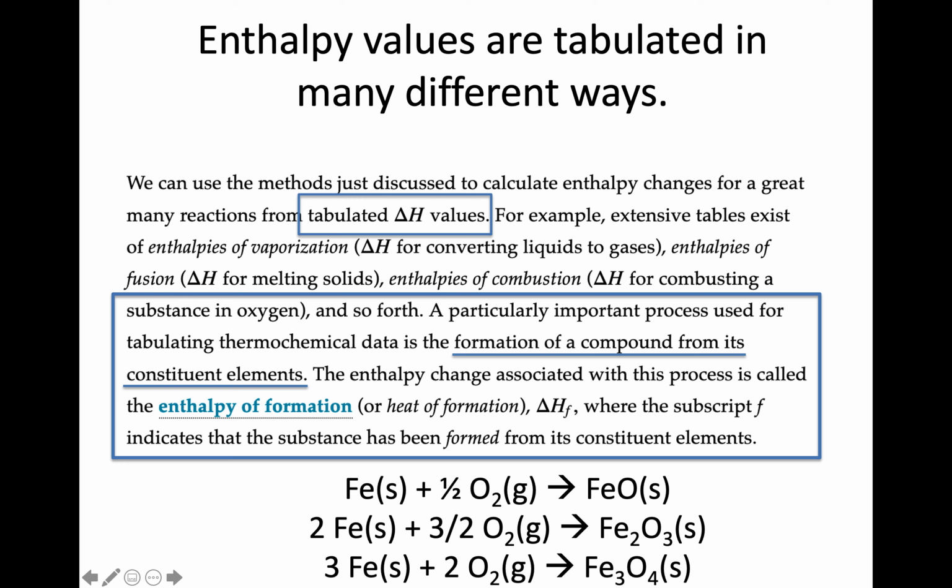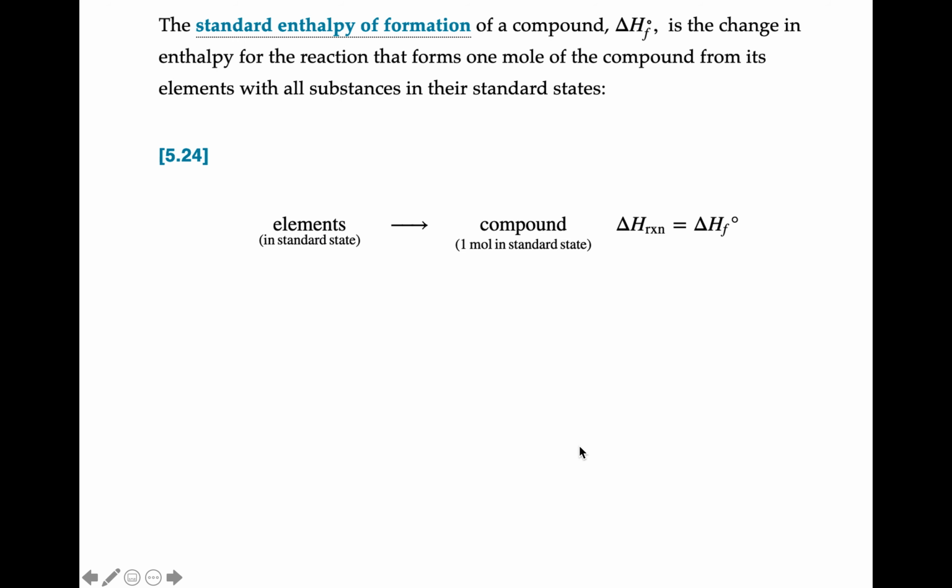Here are several different formulas for different kinds of iron oxides, with different oxidation numbers for the iron in each case. In each example, when it says coming from its constituent elements, these are all combining iron and oxygen in different proportions. These are all different reactions that would have different enthalpies of formation. They're coming from their constituent elements, and these would be things that would be tabulated that we'd be able to look up and find the corresponding enthalpy change.